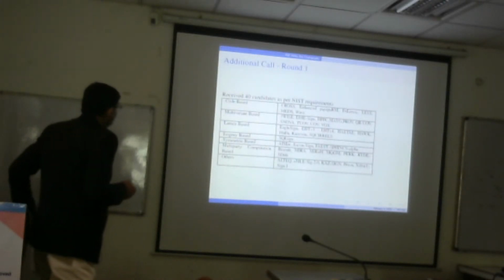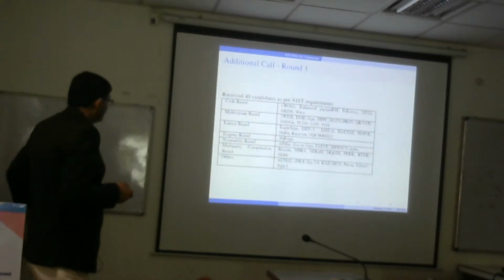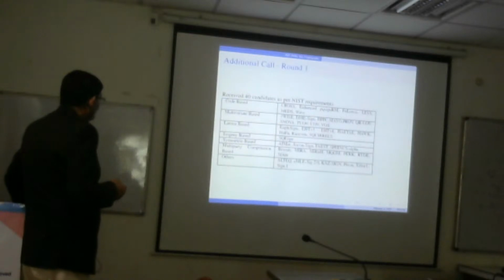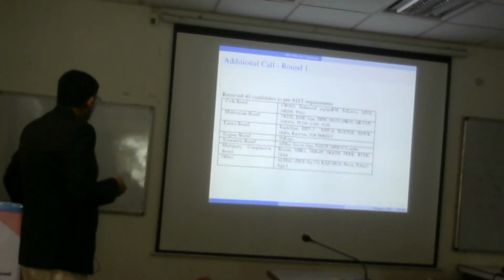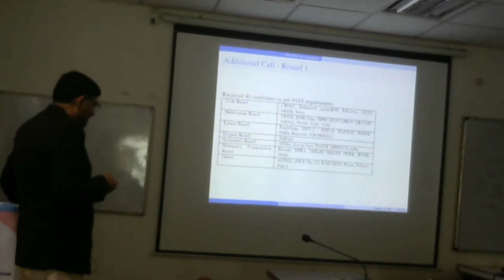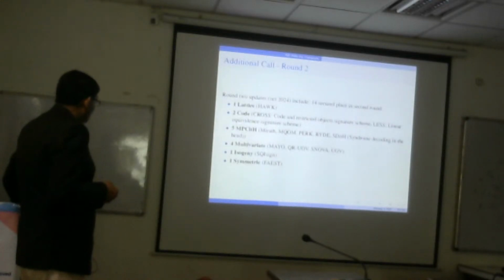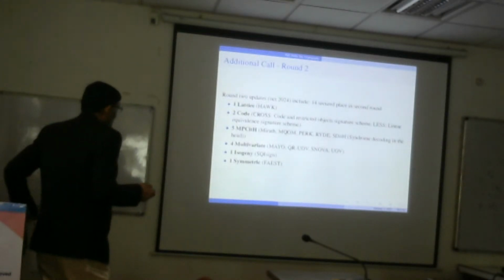Because there were fewer signature schemes, they also announced an additional call to submit more signature schemes. Initially we received 40 candidates for signatures, and in the second round we received 14 candidates.